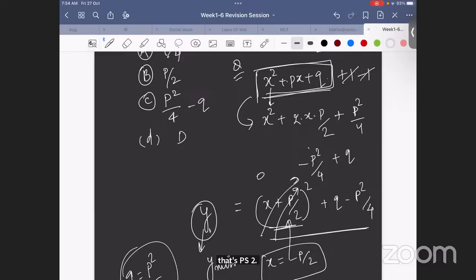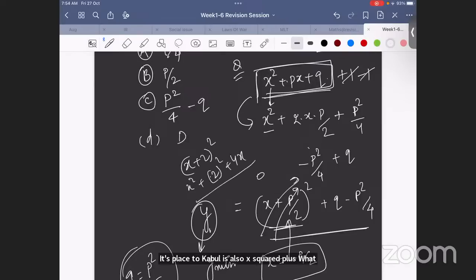So I just multiplied by 2 and divided by 2. See, whenever you have x plus 2 whole square, it is x square plus 2 square plus 4x. This is what you have, correct?